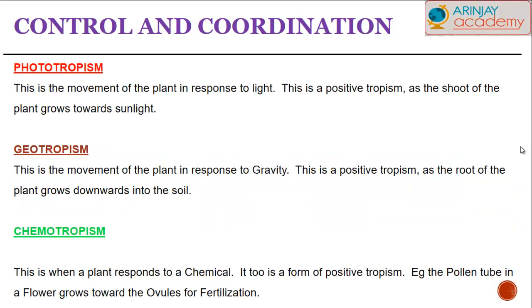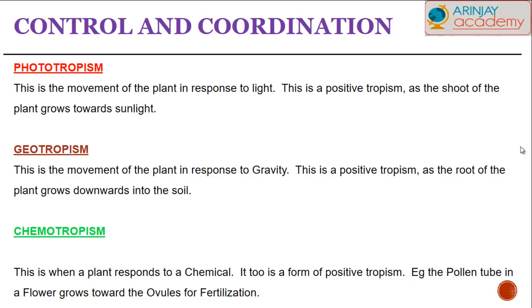What is phototropism? When a plant responds to light, which is the stimulus, this is termed a positive tropism, as the shoot will always bend or grow towards the direction of the sunlight.